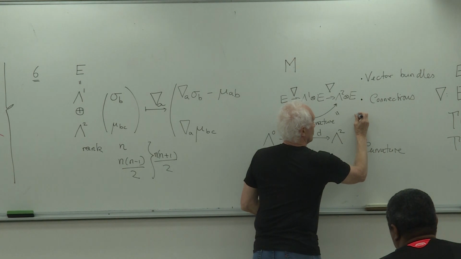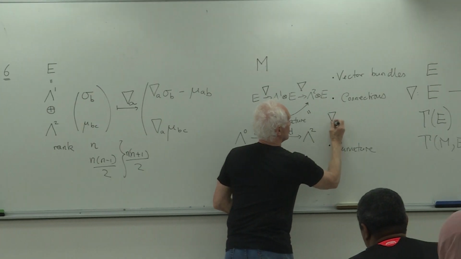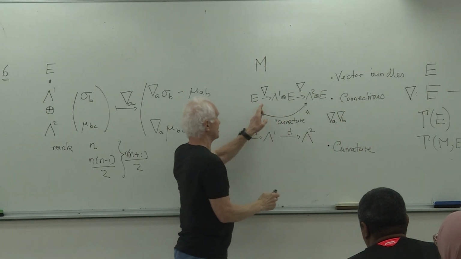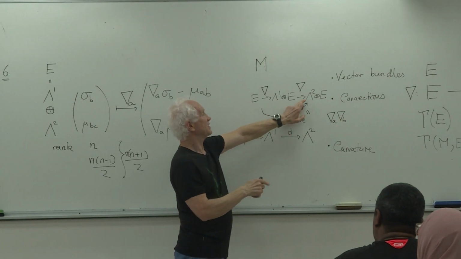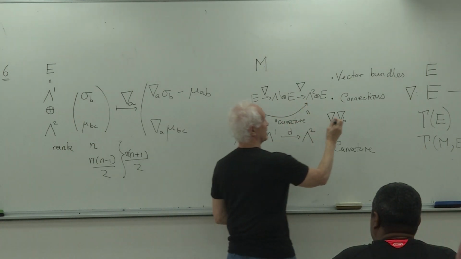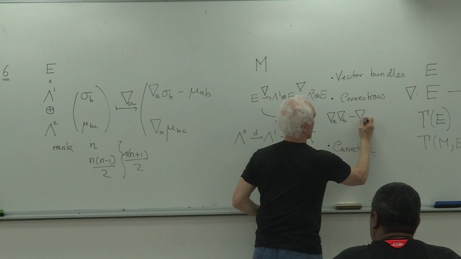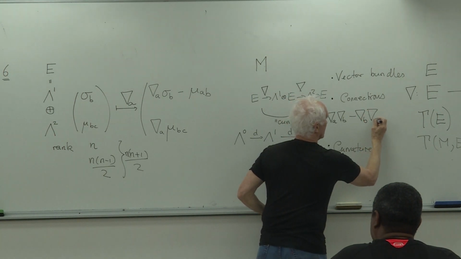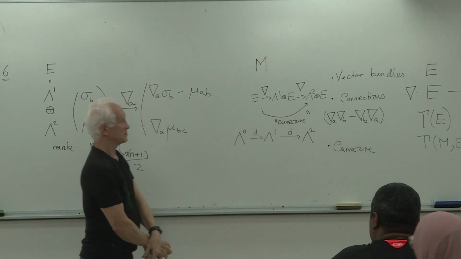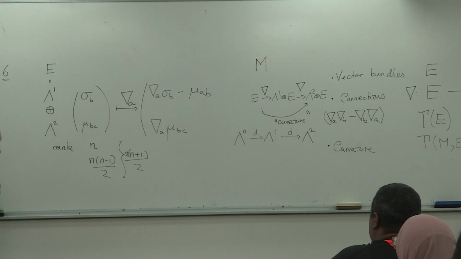What I will be asking is what happens if I do one of these connections, and another one, and then take the skew part. That's heading into there. So what I'm really asking about is something like this, applied to some section of E.